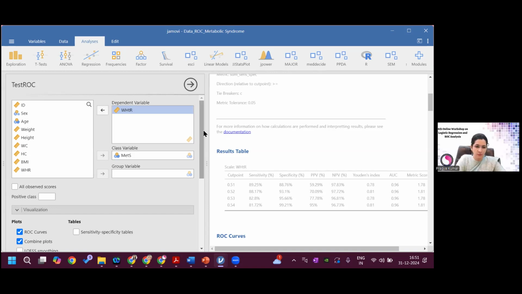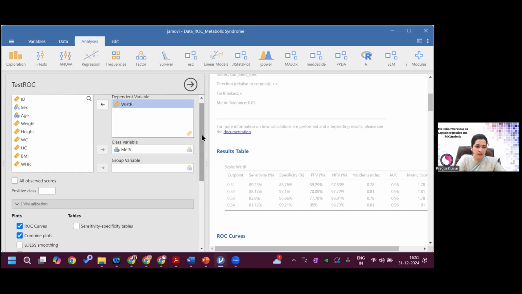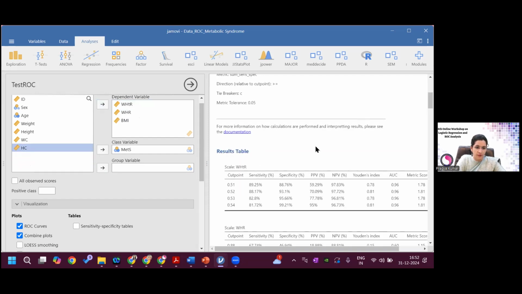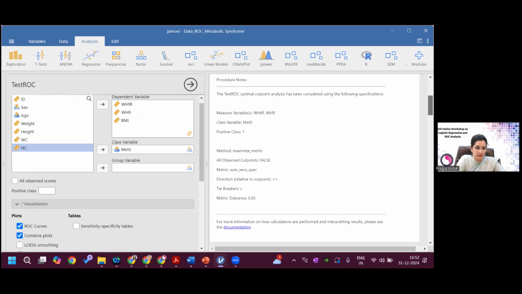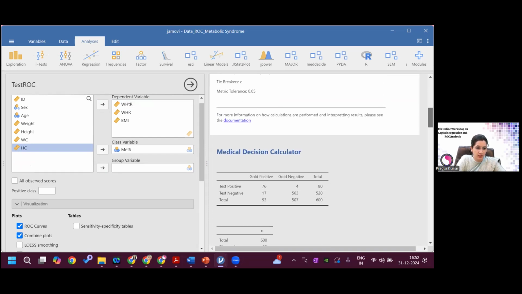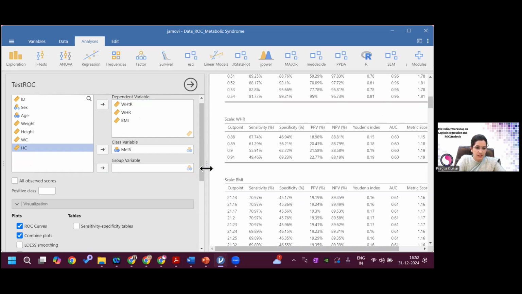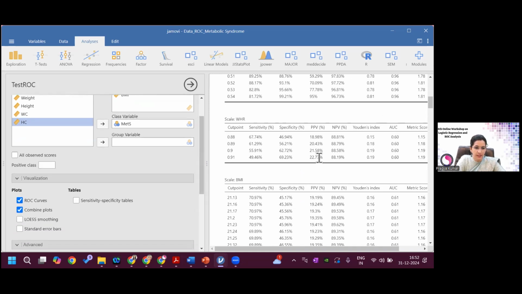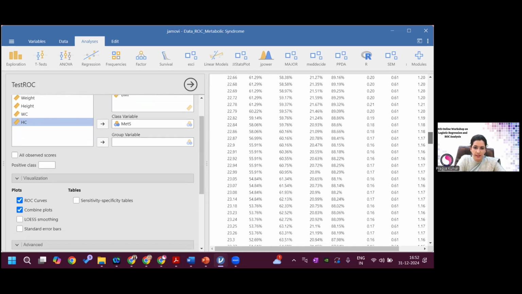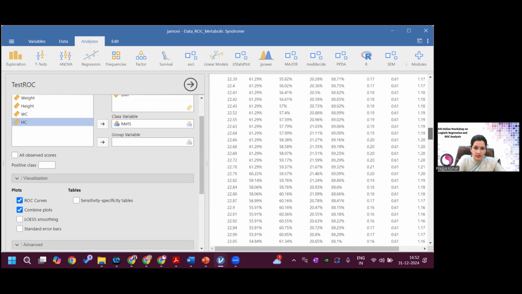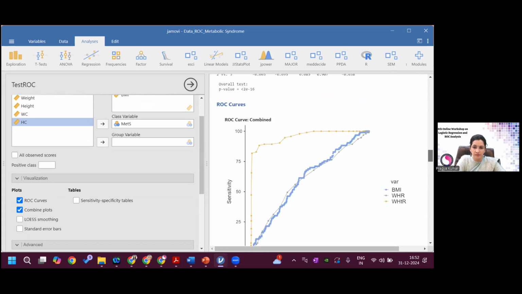I just wanted to show that if you have to compare more than one test, initially we saw only waist hip ratio and waist height ratio. Now if I want waist hip ratio and BMI also, and a comparison, how does it come? You can see here it gives you the ROC curve as a combined plot.